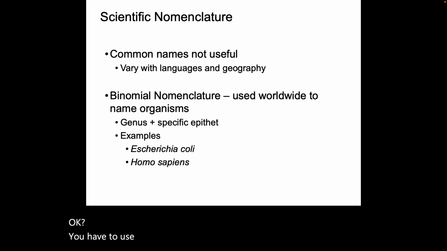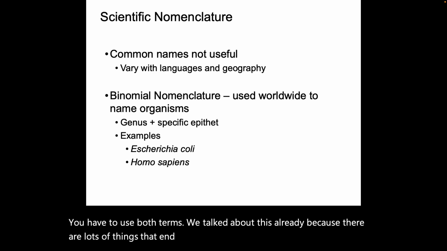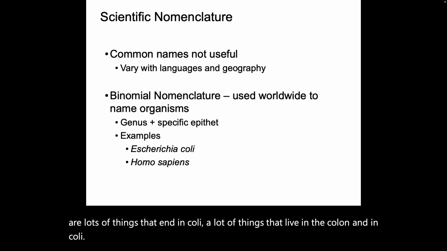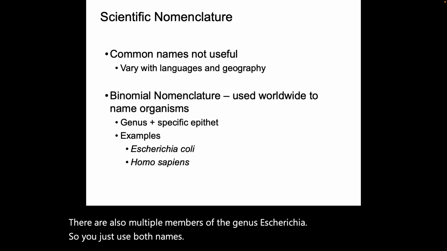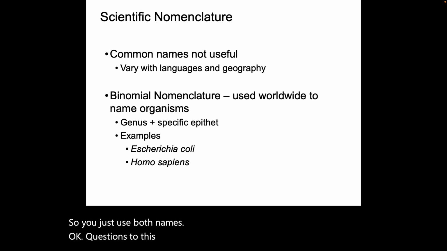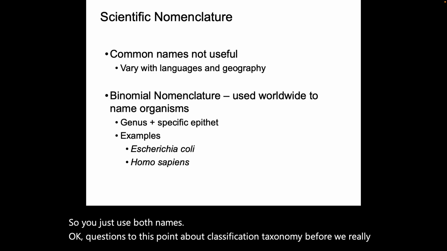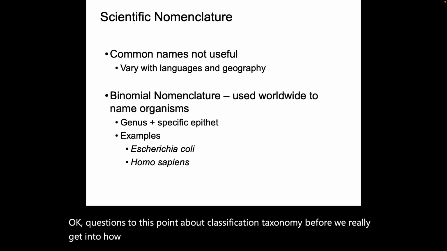We talked about this already, because there are lots of things that end in coli. A lot of things that live in the colon end in coli. There are also multiple members of the genus Escherichia. So you just use both names. Okay, questions to this point about classification, taxonomy, before we really get into how bacteria are classified into different species?